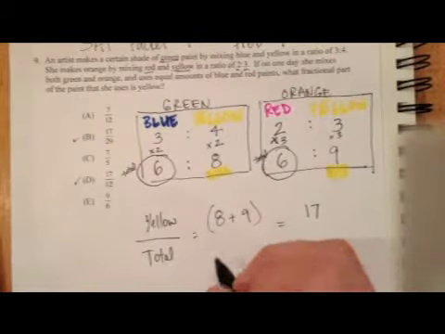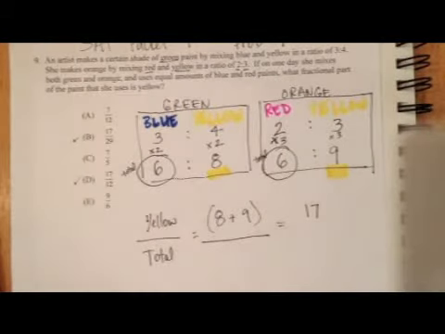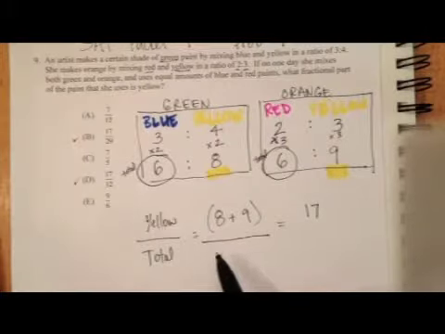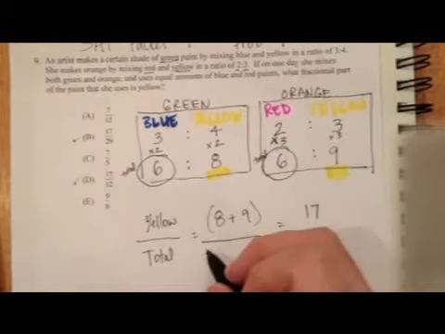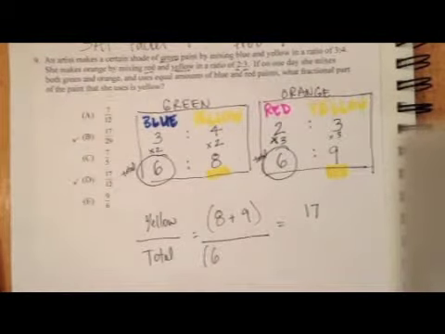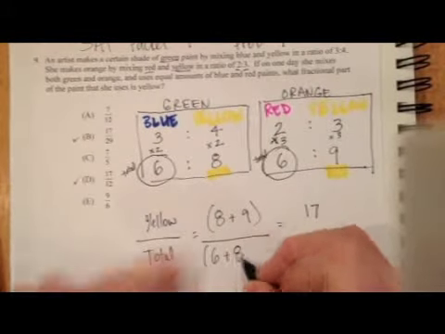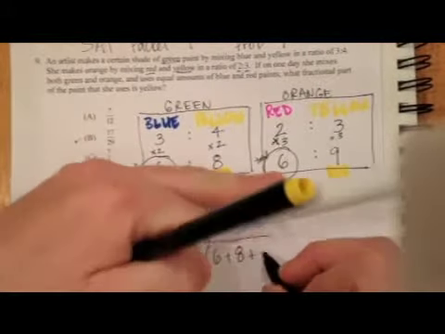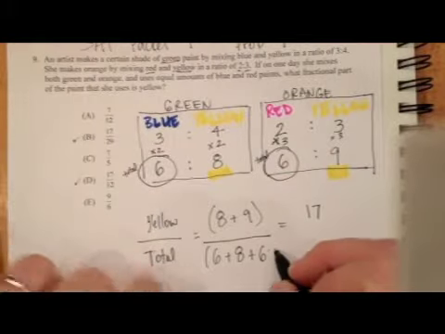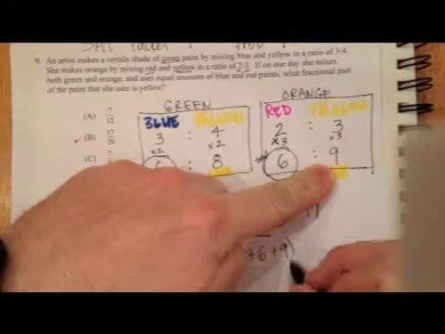But when I'm thinking about the total, I then need to go back and look at all the parts that I combined. I combined 6 parts blue with 8 parts yellow with 6 parts red with 9 parts yellow.